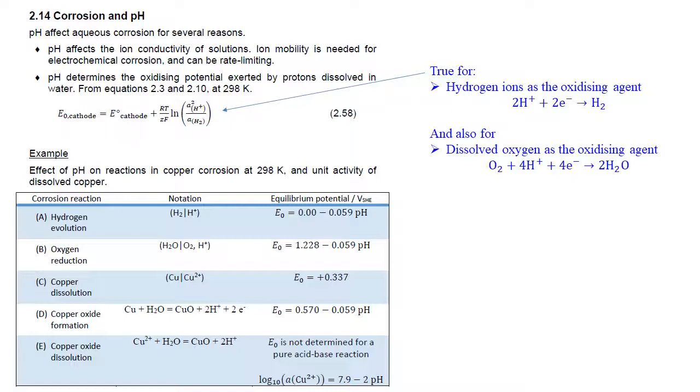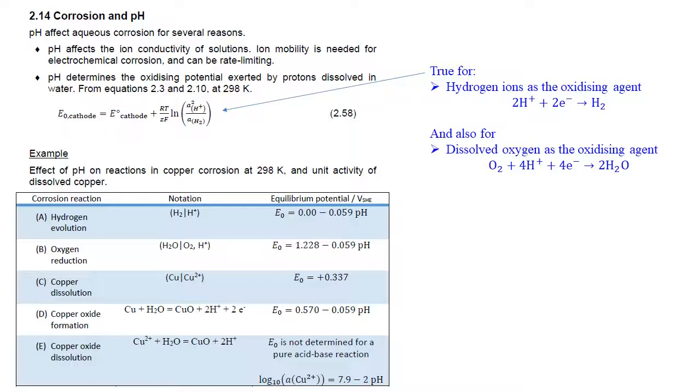pH is extremely important for deciding if corrosion happens and how fast it happens. The second point, that pH can decide how fast corrosion happens, is the easier one to explain, so let's deal with that one quickly. The explanation is that quite often electrochemical corrosion speed is rate limited by how easily ions in solution can migrate between the anode and the cathode and keep those processes in balance.